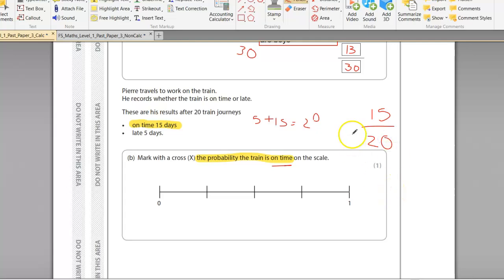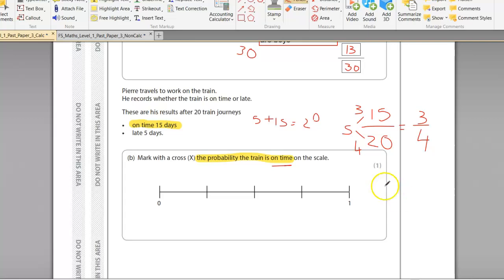And 15 over 20, because 5 goes into both, 3 times and 4 times, 15 over 20, or 15 out of 20, is the same as 3/4. So 3/4 of the time, the train was on time.